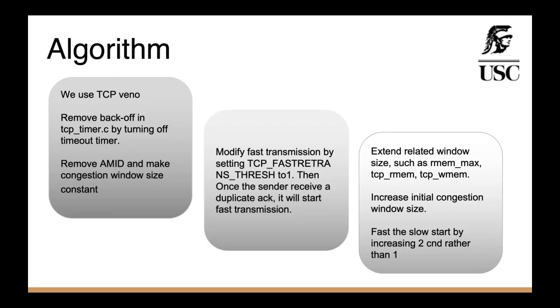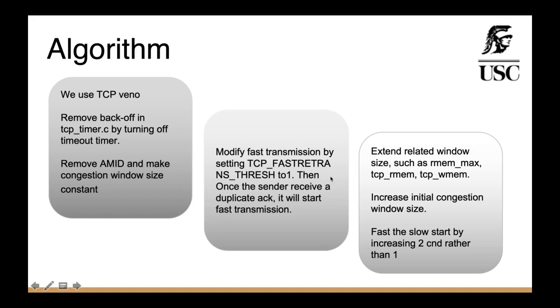Now for the second part, where we modify TCP/IP to improve it, here are the algorithms that we deployed. First, we are using TCP Vanilla, and we remove the backoff in the tcp_timer.c file and turn off the timeout timer, and we remove the AIMD and make the congestion window size constant.